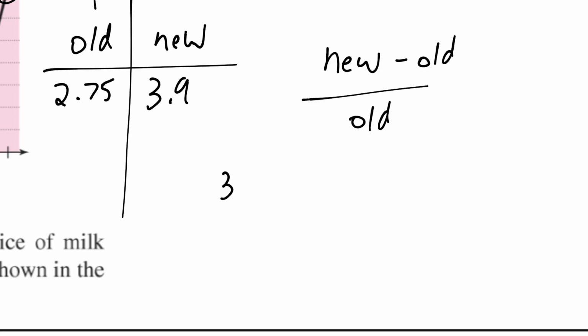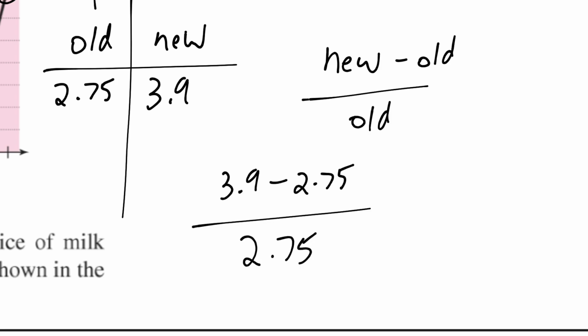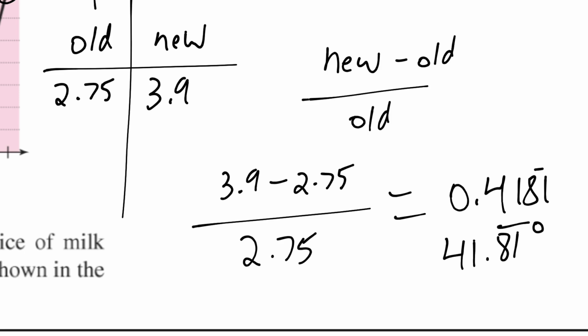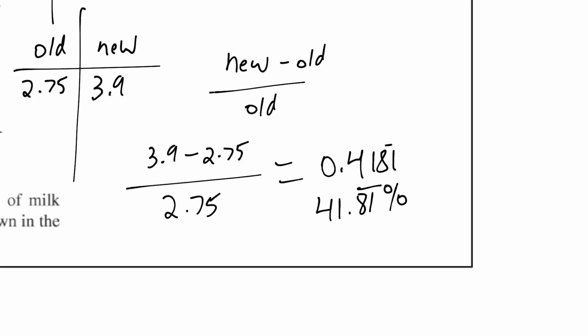Or in this case, 3.9 minus 2.75 divided by 2.75. What you will get is 0.4181 repeating. And if you multiply this by 100, you get 41.81%. And that tells you how much you have increased. The other method that some people like is to go directly new divided by old.